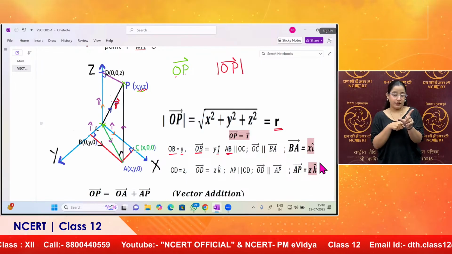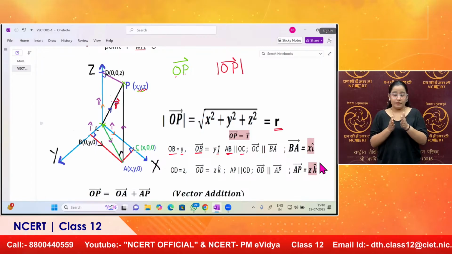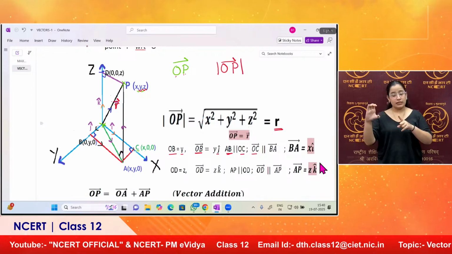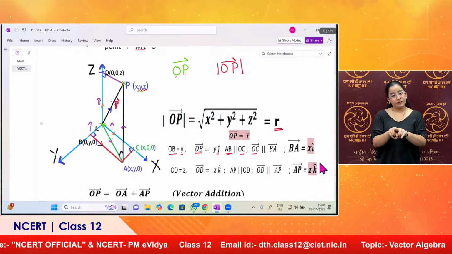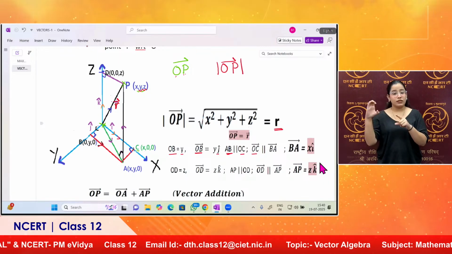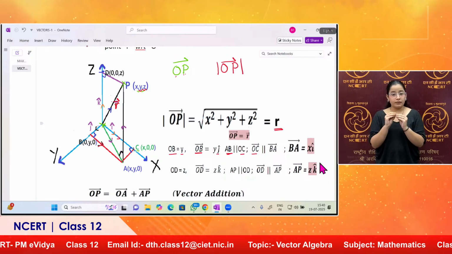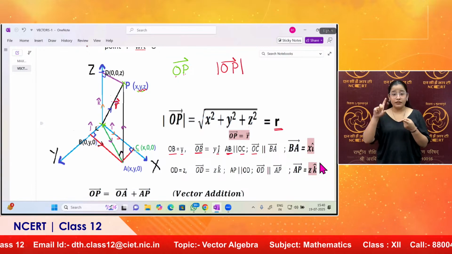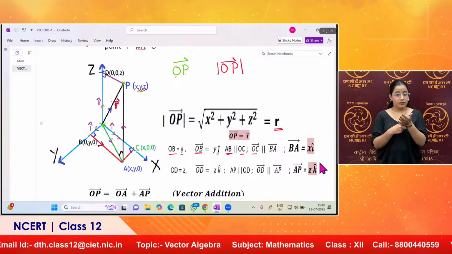And AB is a line parallel to OX. Therefore, vector OC will also be parallel to BA. Right. So that way we have vector BA and vector OC, like they are same vectors, and hence BA happens to be xi, because OC, what is OC?